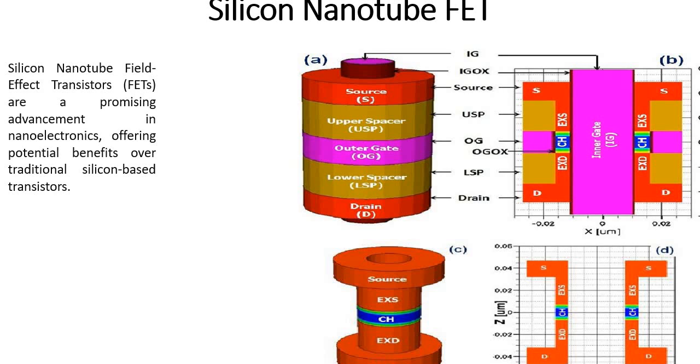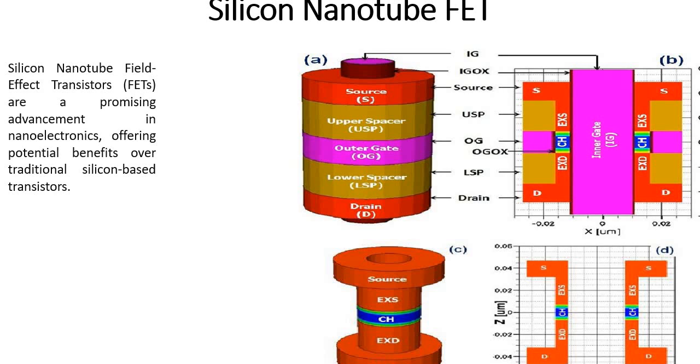So what we have done, we have kept another gate, an inner gate inside the nanotube, which gives extra control over the channel electrostatics and increases the conductivity of the current. This helps to control the channel electrostatics. So we have a lot of benefits using silicon nanotube FET.